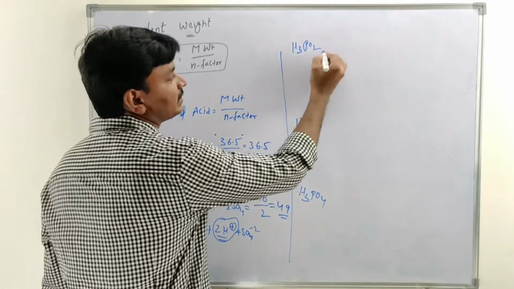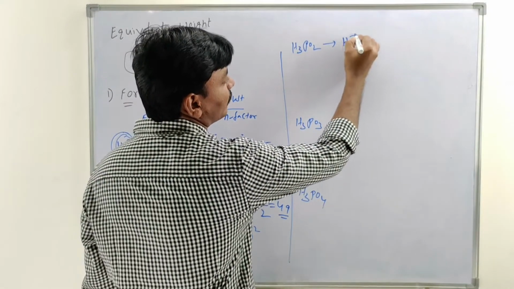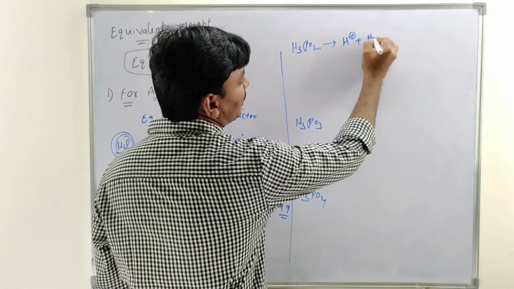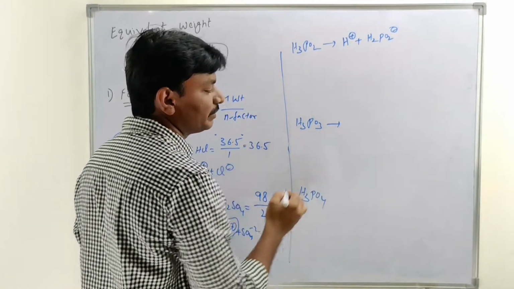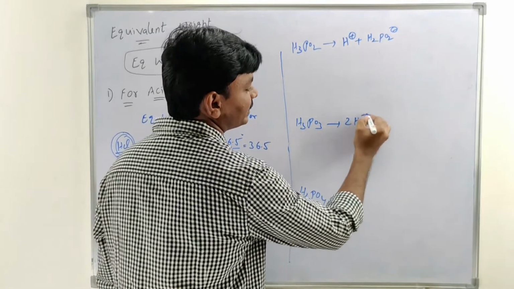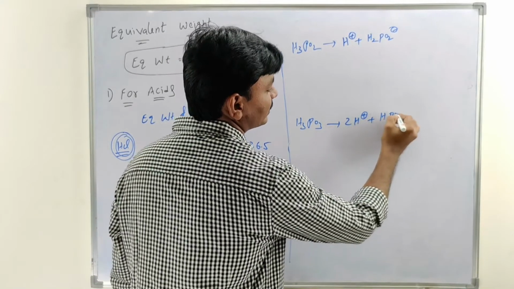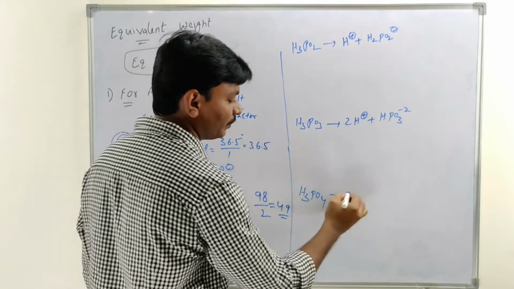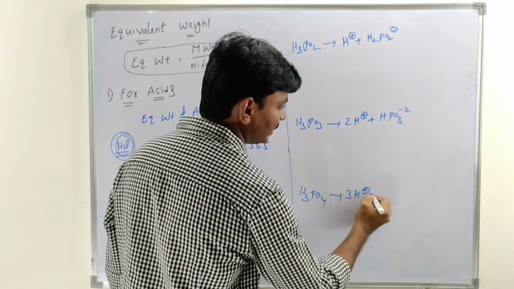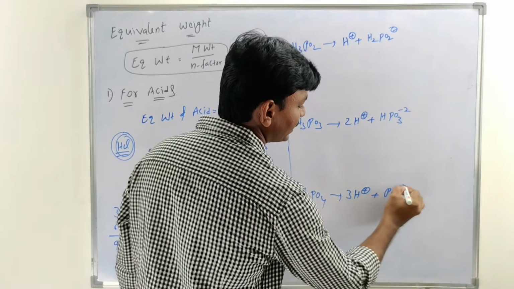H3PO2 produces only one H plus ion, and the remaining ion is H2PO2 minus. H3PO3 produces 2 H plus ions and the remaining is HPO3 minus 2. H3PO4 produces 3 H plus ions and PO4 minus 3.